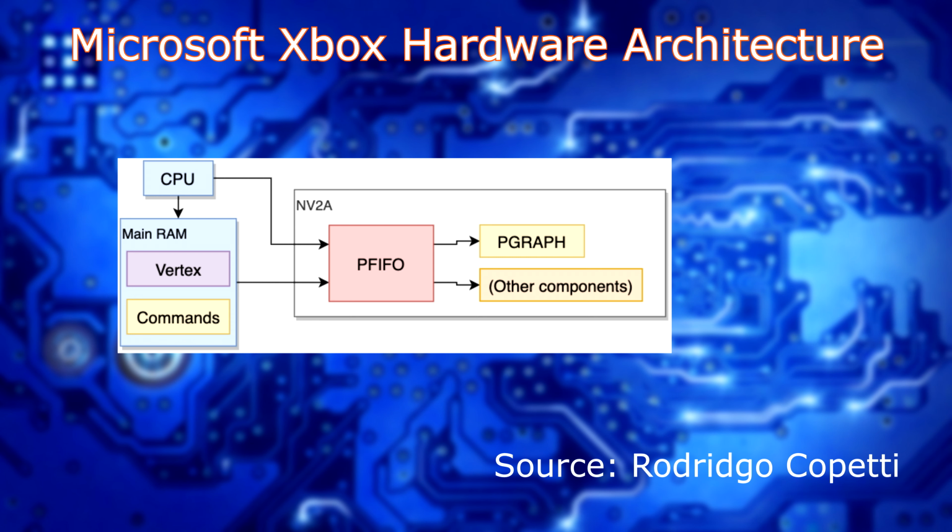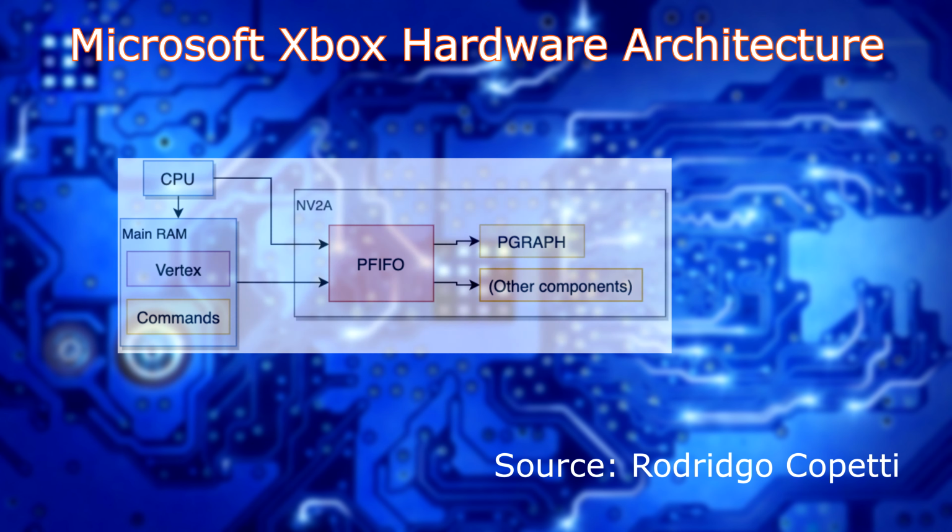The CPU could actually allocate a buffer in RAM containing vertex data and then tell the GPU to retrieve it from that particular location. This means you wouldn't have to double buffer or copy memory to a temporary buffer and then send it off. Instead, you could just point to exactly where in RAM it was, and the NV2A would be able to retrieve that straight from the main RAM by stuffing the FIFO buffer.